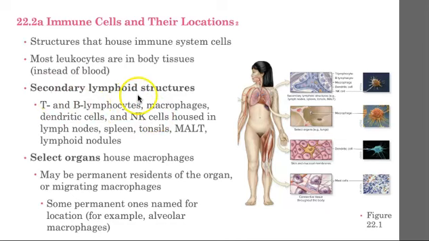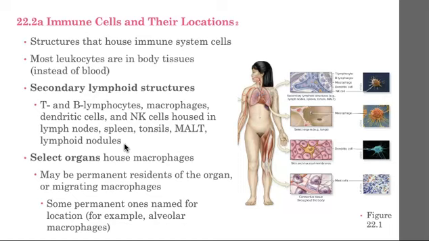That would include our B and T cells, our macrophages, dendritic cells, which I mentioned in that last chapter are antigen-presenting cells along with our macrophages, and our NK cells. We're going to find all of those in the lymph nodes, the spleen, tonsils, MALT, which stood for our mucosa-associated lymphatic tissue, and lymphoid nodules that we can find throughout the body.